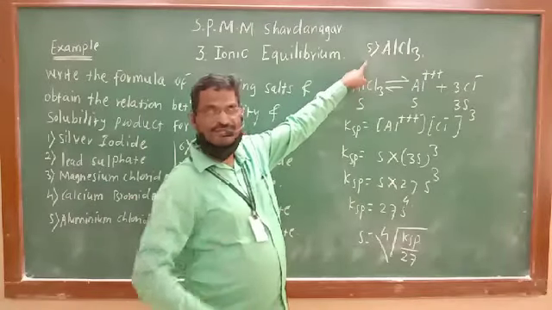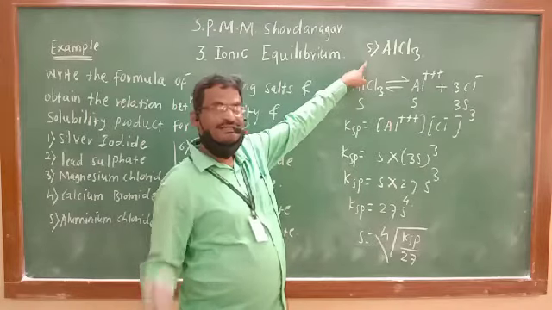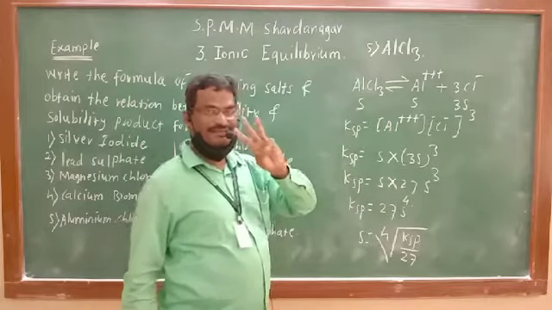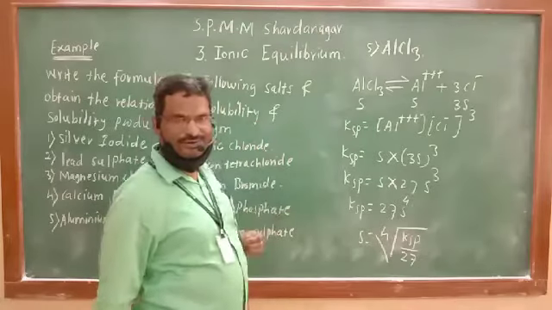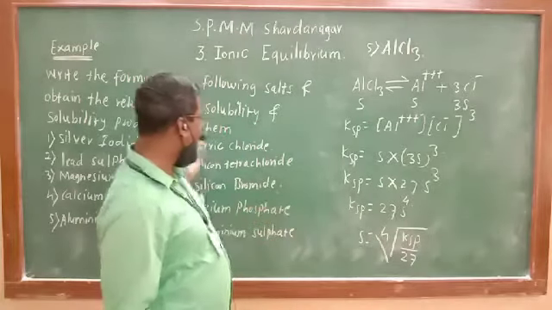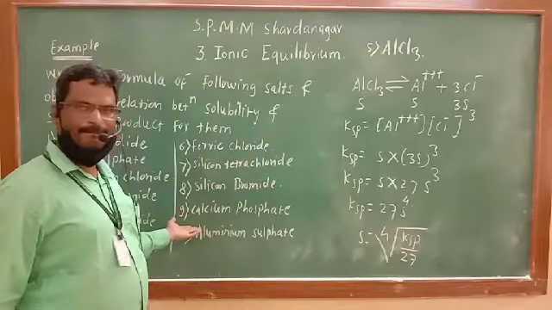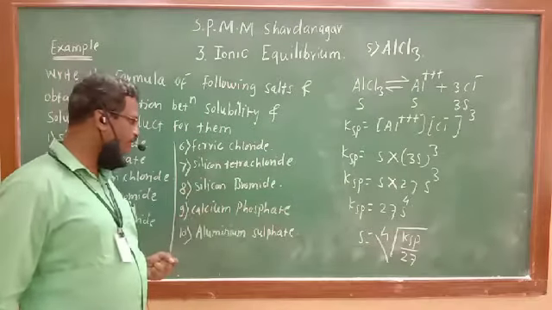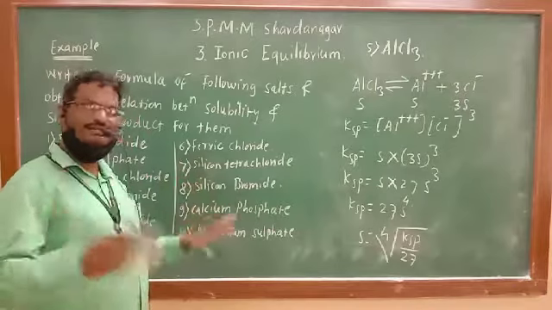What is the type of this salt now? This is BA3 type of salt, the third type of salt. So if we know BA, BA2, BA3, BA4, we can obtain the relation between solubility and solubility product of any salt.